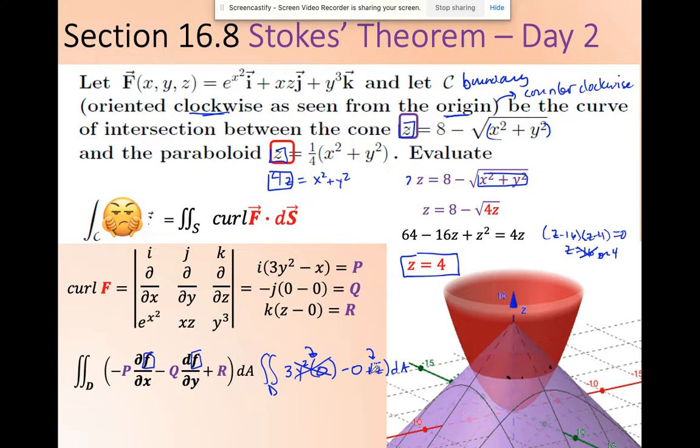But what is this z? 4. So I can just look at my 2D surface, can I? Love when that happens. z is equal to 4, so I do have an integral of 1 dA. And what is the image? 2D image of that intersection?